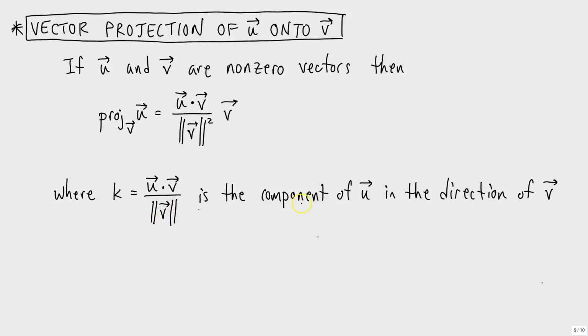We were calling that, from earlier, the component of vector u that's in the direction of vector v. A lot of vocab here.